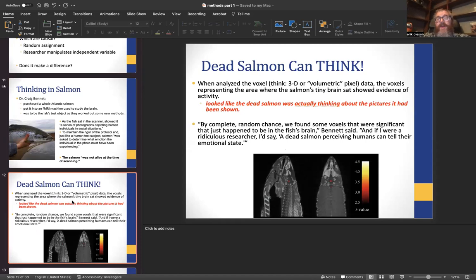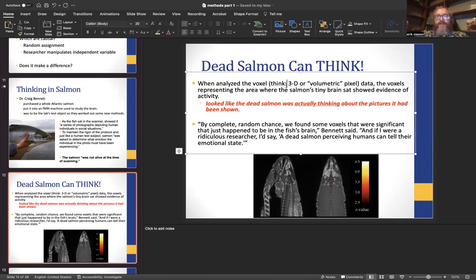But when analyzed, the voxels, so really these are 3D pixels in fMRI images, it's very much like looking at pixel art programs. They go in and emphasize and analyze the amount of voxel pixels being expressed in a specific region. But anyway, the voxels representing the area where the salmon's tiny brain sat showed evidence of activity.